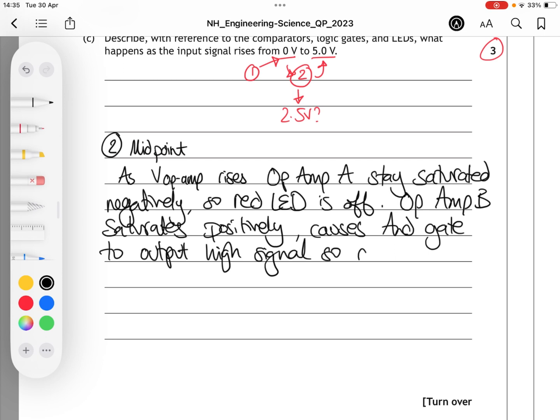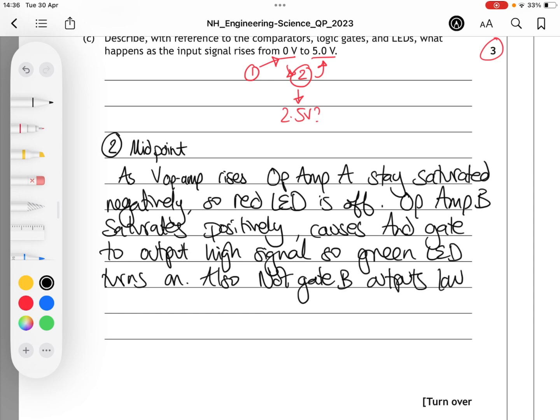And so the green LED turns on. Also, we know that the NOT gate B is going to output a low signal. So the amber LED is going to turn off.